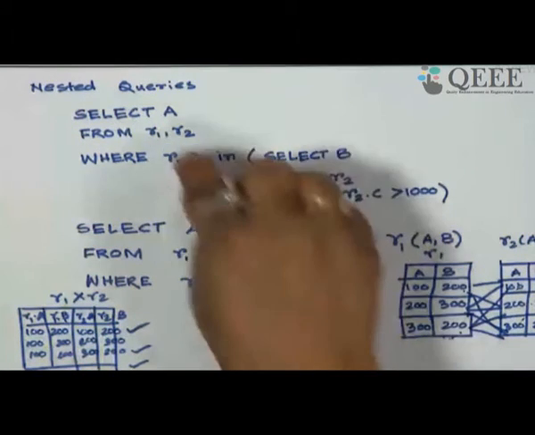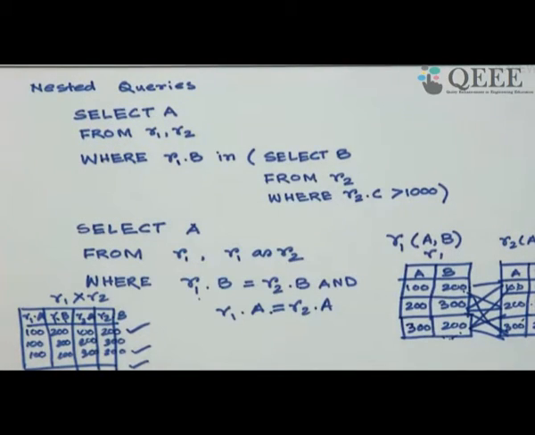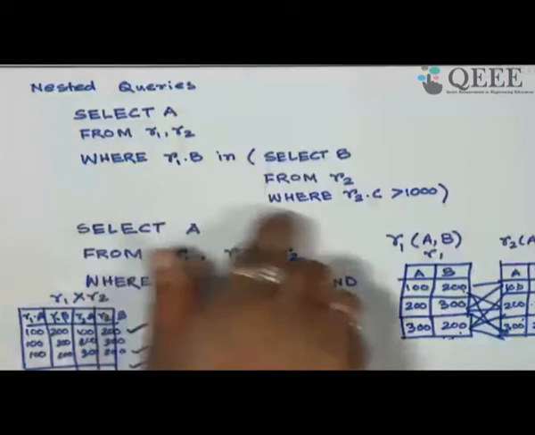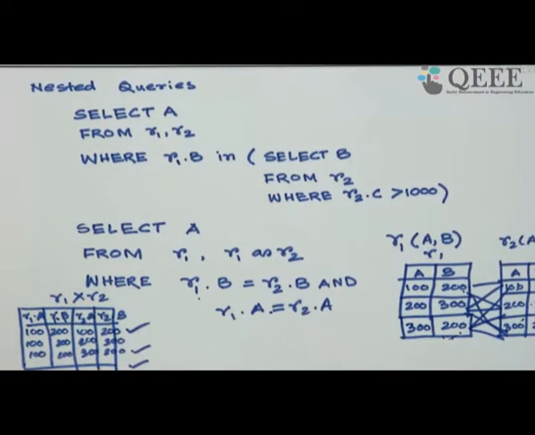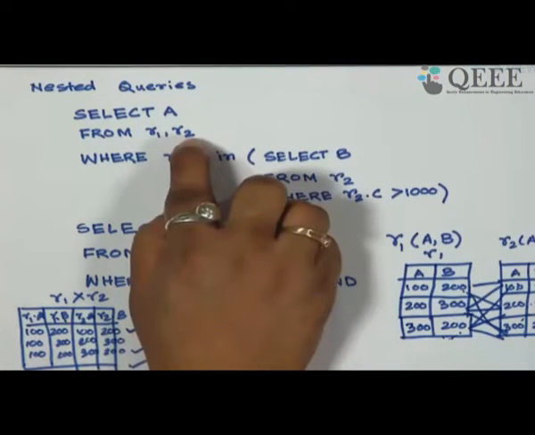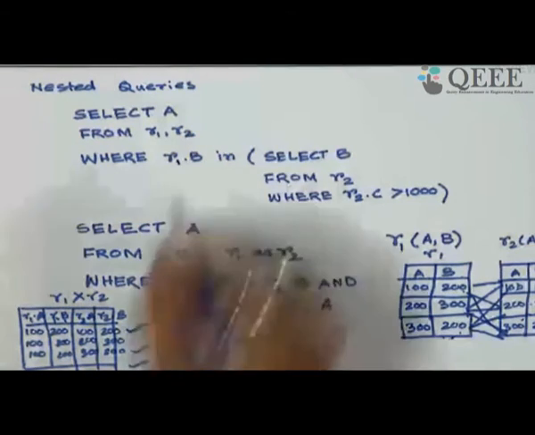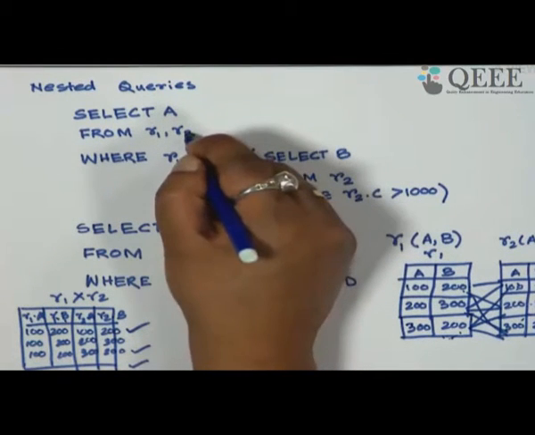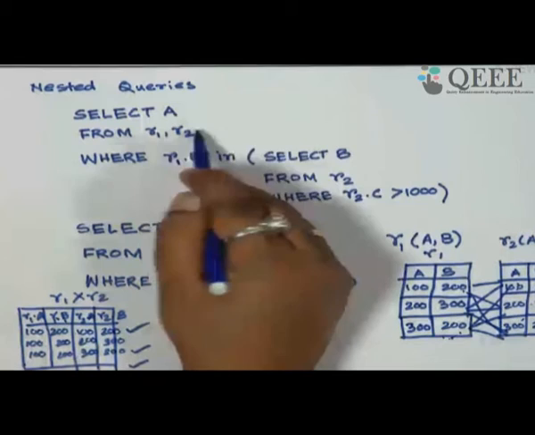So I can define more complex SQL queries to answer this. And I would urge that you practice a little bit of these nested queries, where you can nest one query inside the other. You can have nested queries here also. So instead of from R1, R2, I can have a complex query here. Select, I can create a table here.